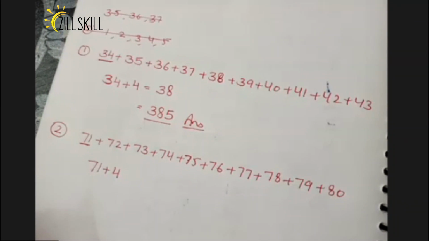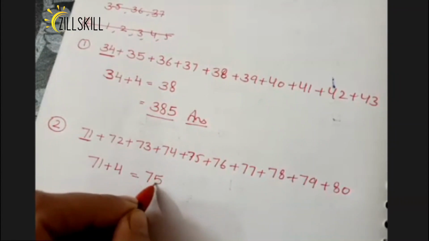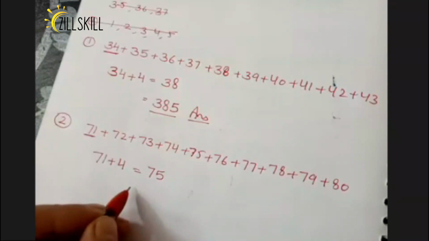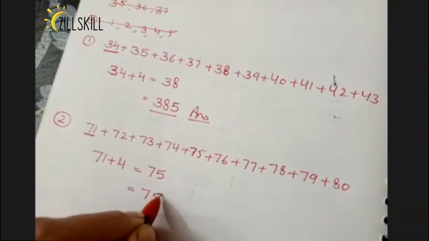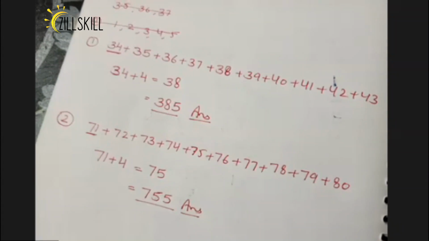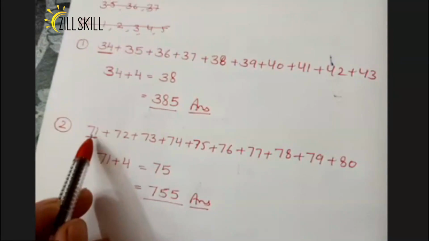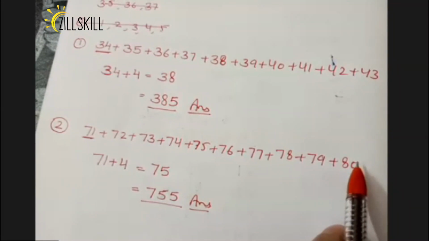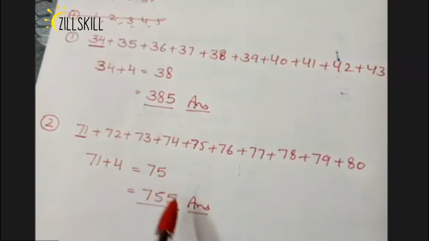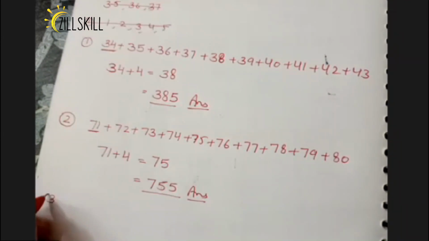The number is 75. Put 5 in the unit place, and that is our answer. Got it? How easy! If you calculate this fully, it would take 4-5 minutes, right? So the answer will be this.